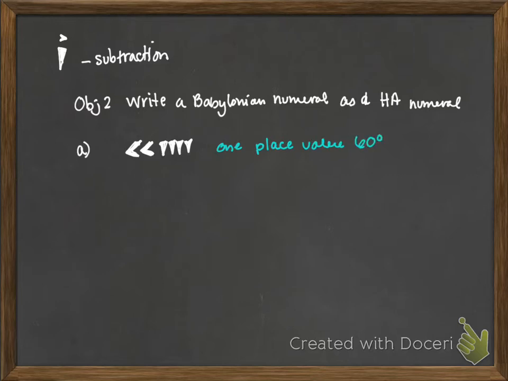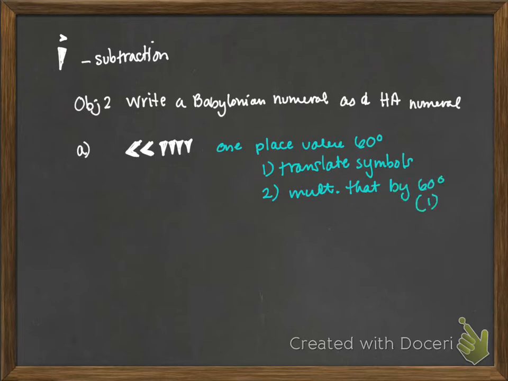Okay? So what I got to do here is translate the symbols and then multiply it by 60 to the 0. So 1, translate symbols, and then 2, multiply that value by 60 to the 0, which remember 60 to the 0 is 1. Okay? All right, so let's translate.